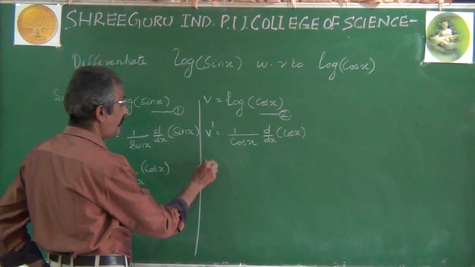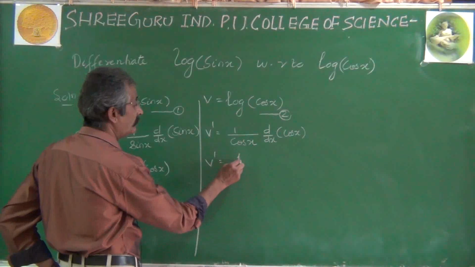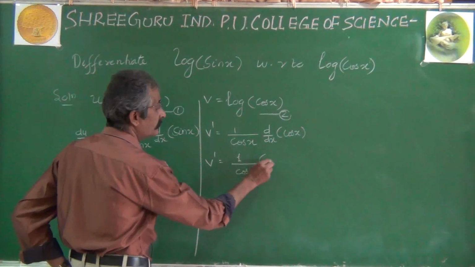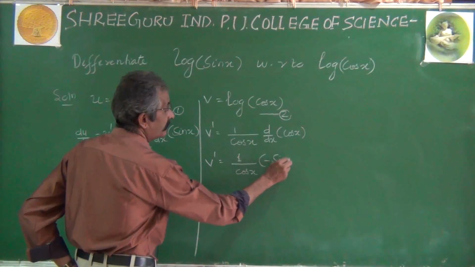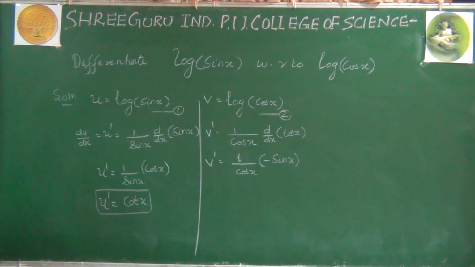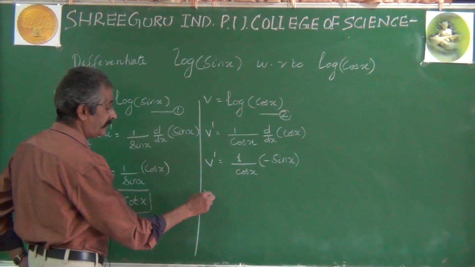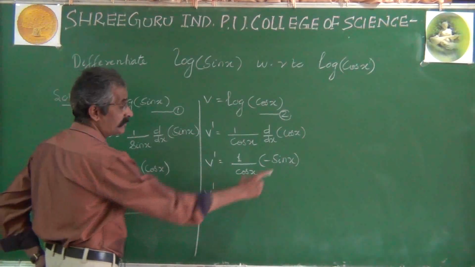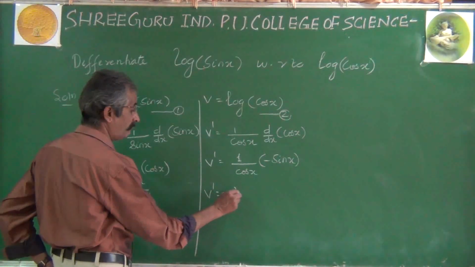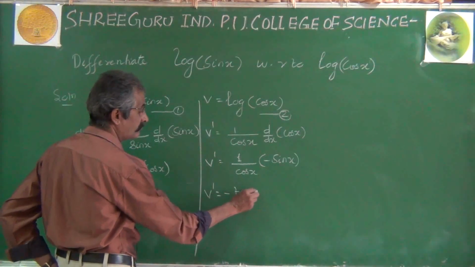So v dash equals 1 divided by cos x into the differentiation of cos x, which is minus of sin x. Finally, v dash is equal to sin x divided by cos x is tan x, that is minus of tan x.